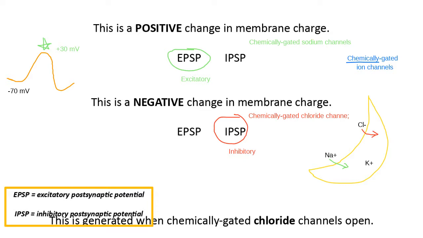Yeah, several of us are saying it's going to get more negative, or my charge is going to drop. If I open a chemically gated potassium channel, this would also generate an IPSP, an inhibitory postsynaptic potential. Because when potassium leaves, it takes its positive with it and makes it more negative on the inside.